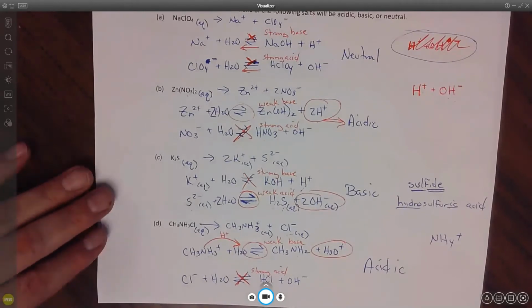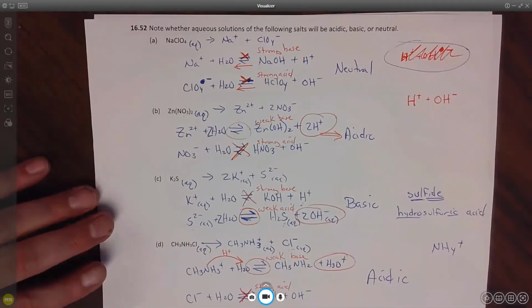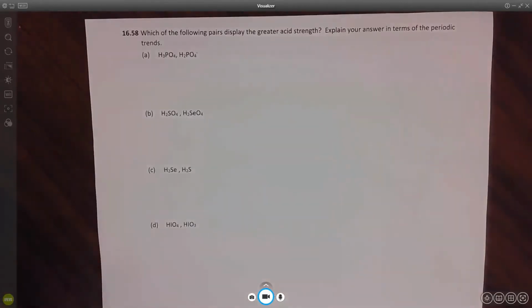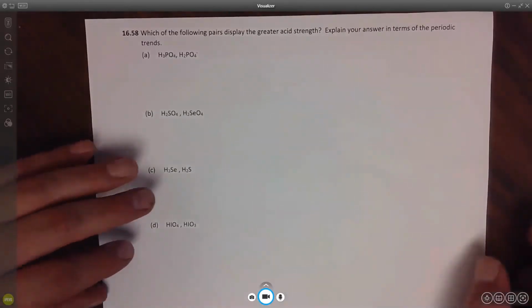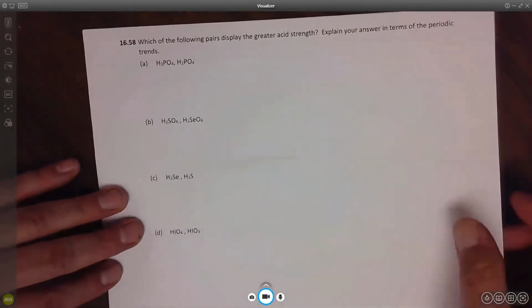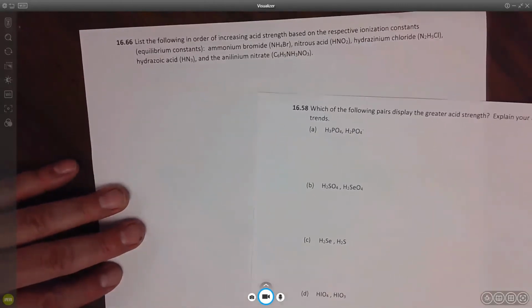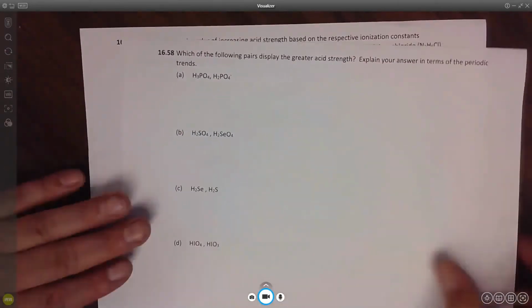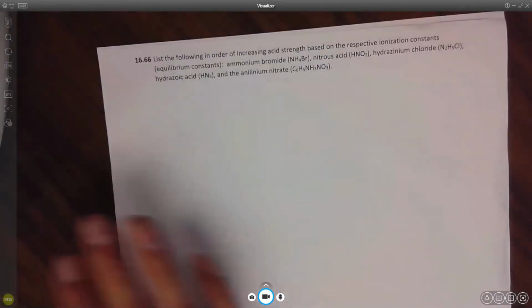Any questions with any of that? Okay, let's try another. So it says, which of the following display greater acid strength? I'm going to do that one last. I'm going to do this one next. I'm missing something.